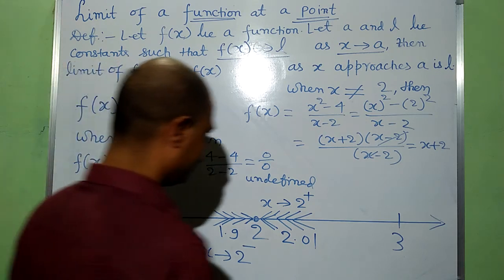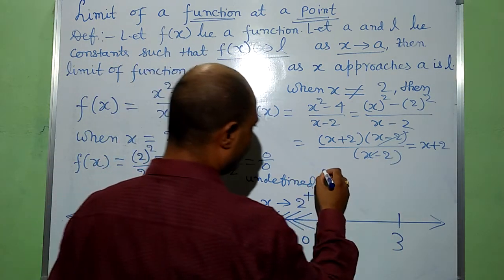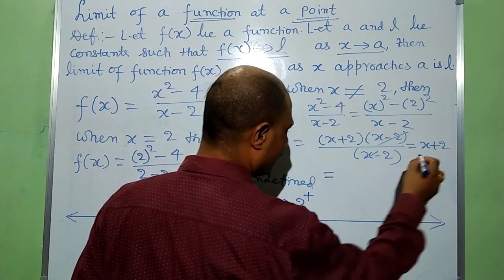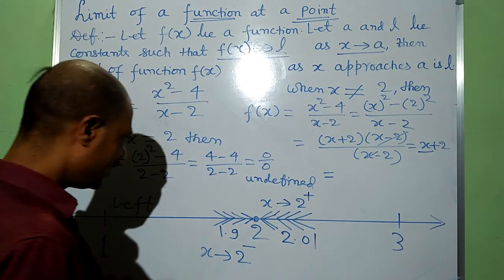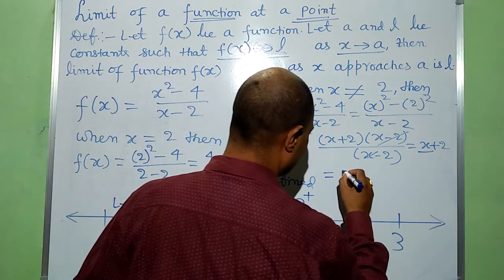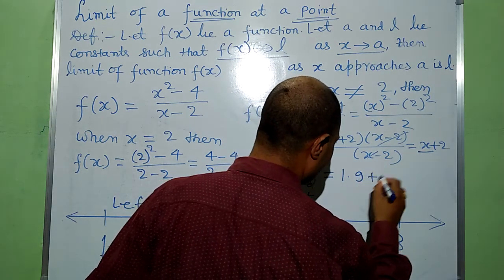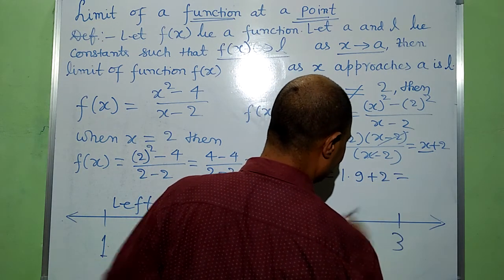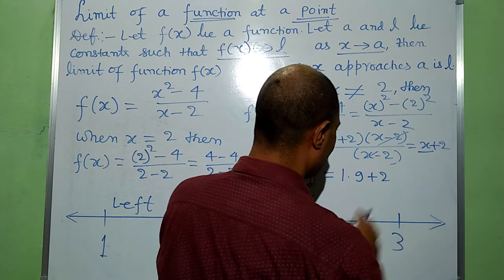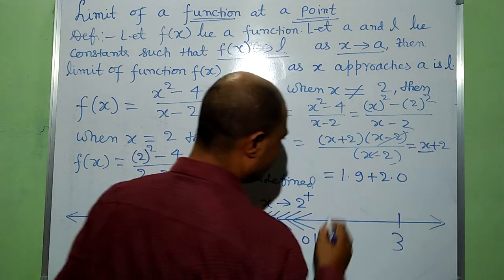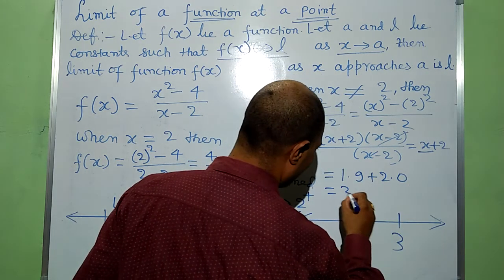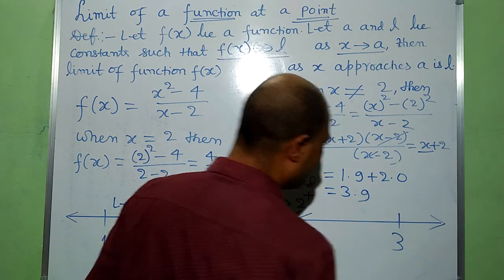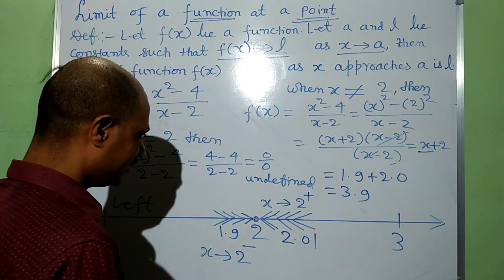Now the value of the function: we have to replace x by 1.9. 1.9 plus 2, we can solve it like this. After changing it into decimal, we have 3.9, which is nearer to 4.